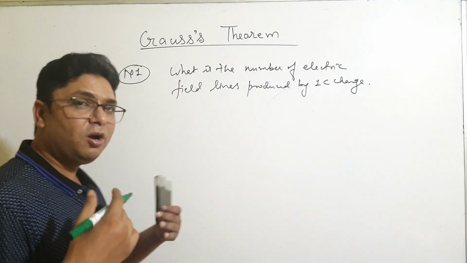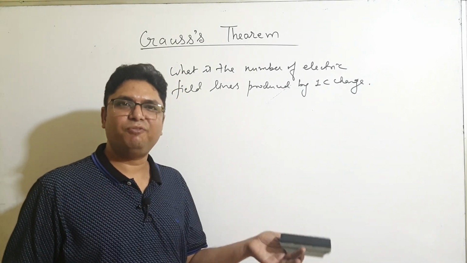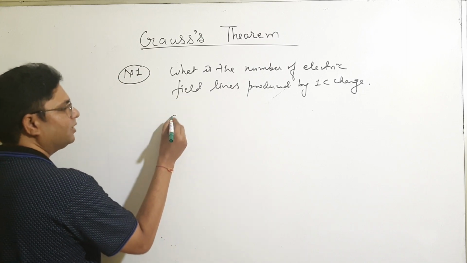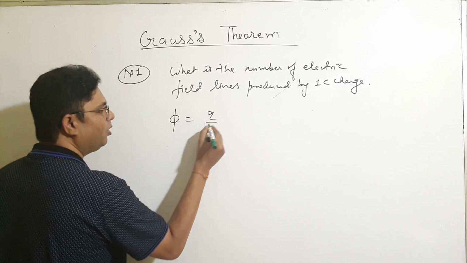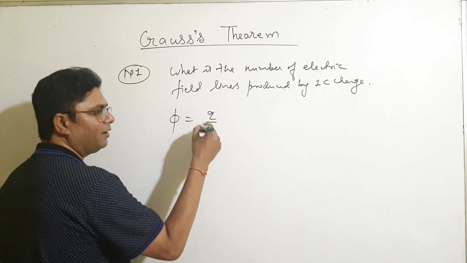Here number of electric field lines means electric flux. So electric flux phi is equal to q upon epsilon naught.